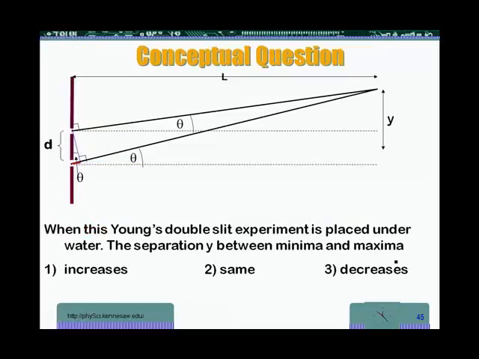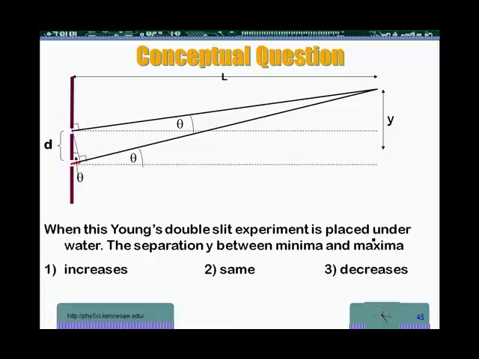Okay, a small question here. What if we take a double slit setup and we see some fringes here, bright fringes like we have seen in a previous slide, and then we take the whole setup and put it in water? What's going to happen?